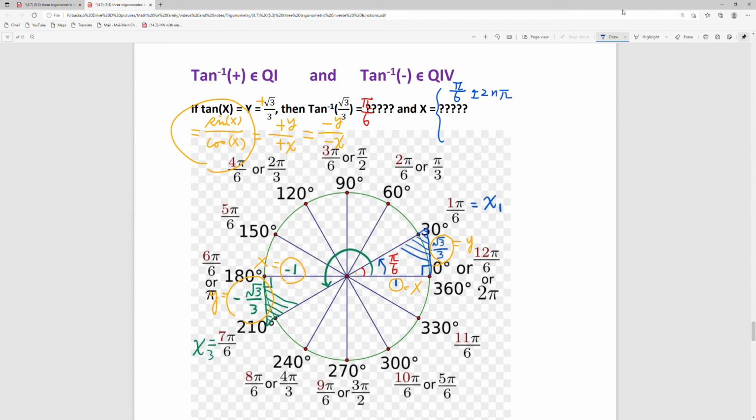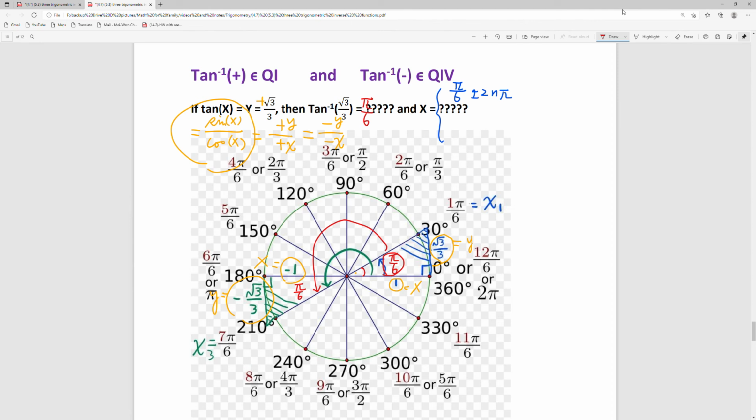And for the other group, with the same reference angle, you have pi plus pi over 6, or you can say pi over 6 plus pi.